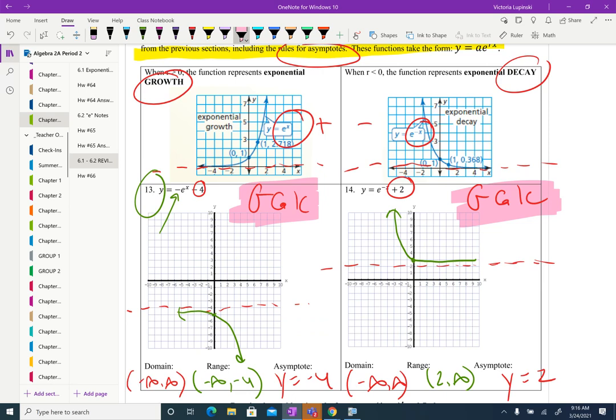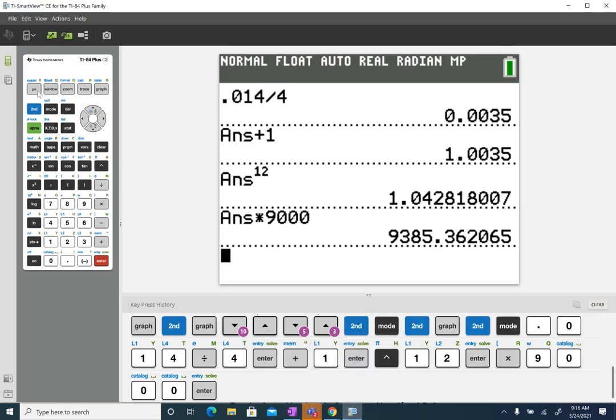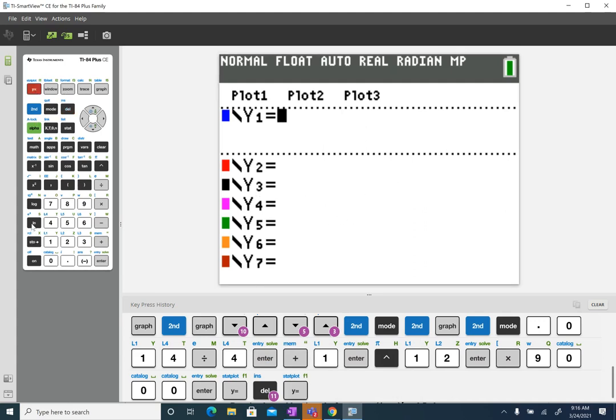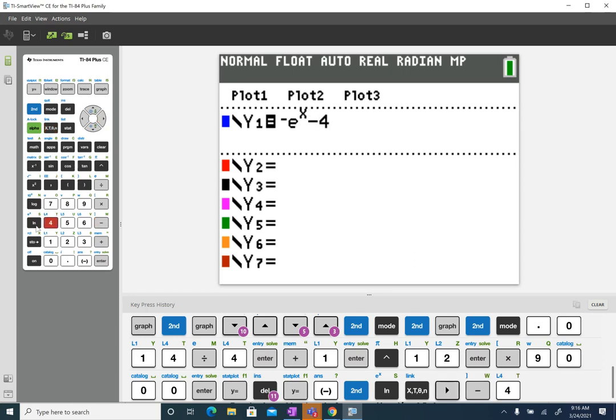By graphing calculator, you mean to like find the x and y values like before? Yep. So like if I go to my graphing calculator and I go to the y equals, if I want to do number 13, I would type in negative and then bring up the e and then to the x, and then make sure you pop out of the exponent, -4.